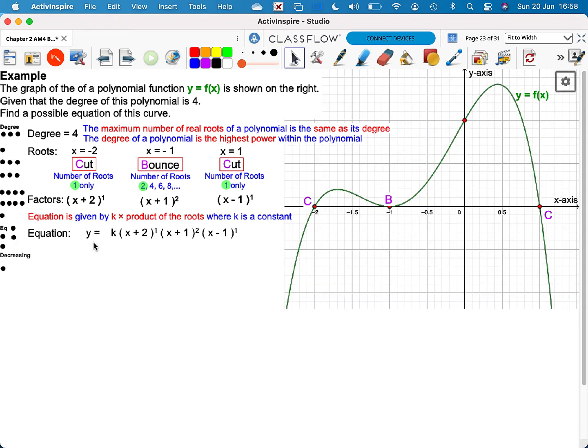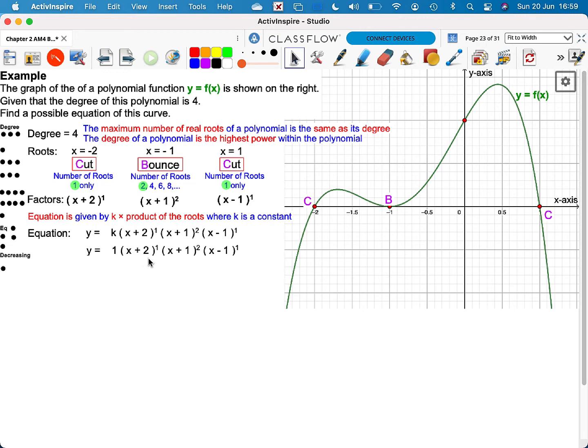So at the moment, that is basically it. Because we can't get a definite value of k, as I said in the previous example, the question said find a possible value for the graph. And because we're finding a possible value for the graph, we choose the value of k to be equal to 1.